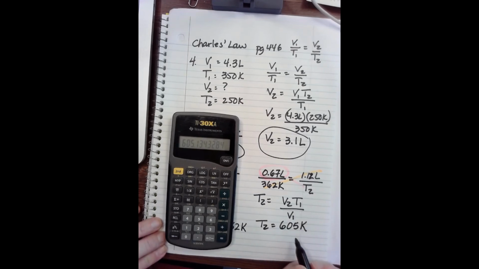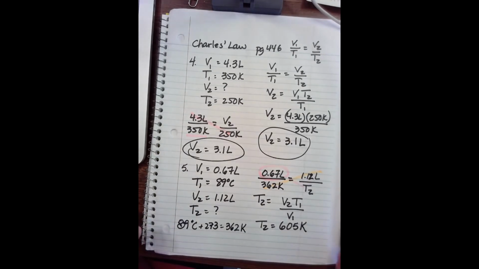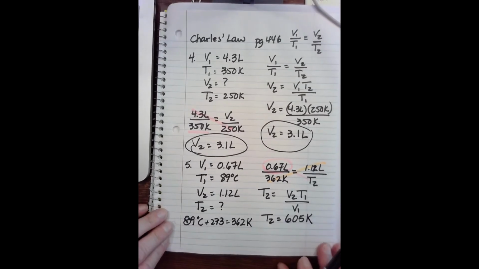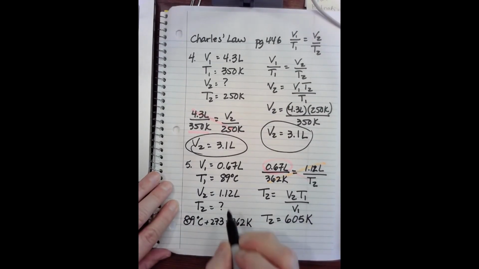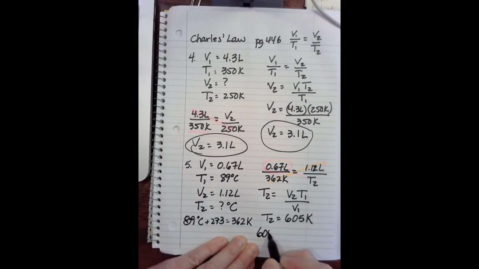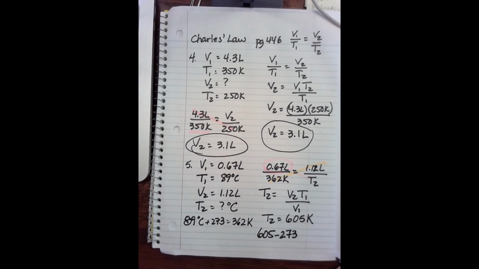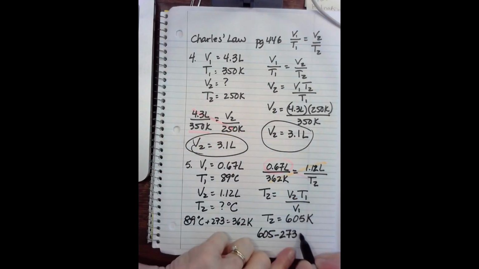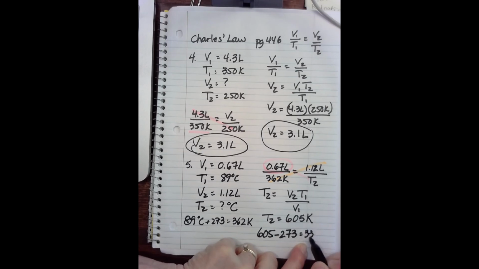All right, but if I report that answer, I am incomplete in my response because it said, in degrees Celsius. So now I've got to take the 605 minus 273 to get that back to Celsius, and our calculator says 332 degrees Celsius.